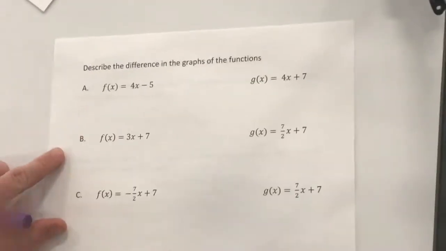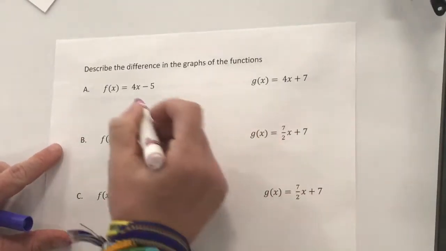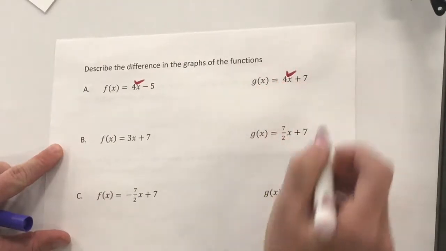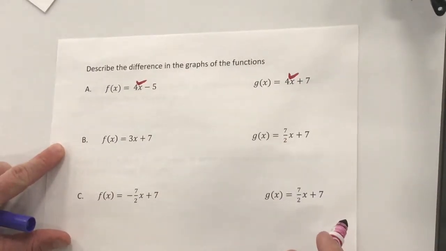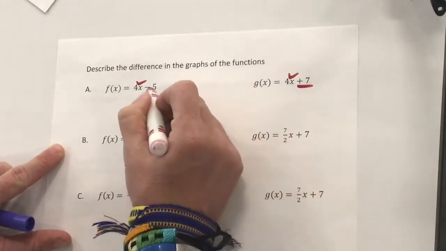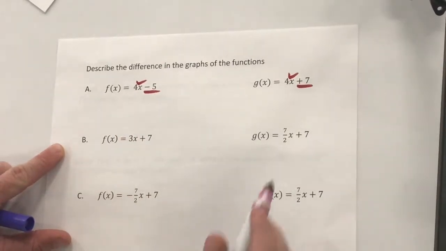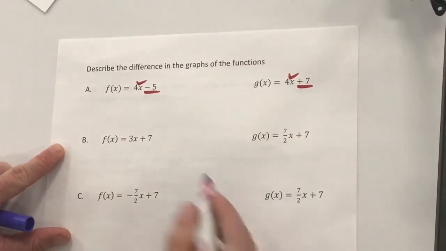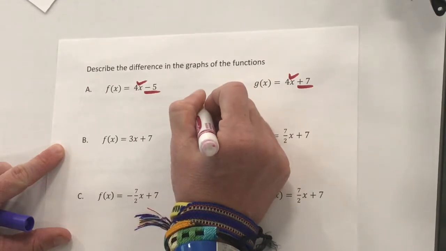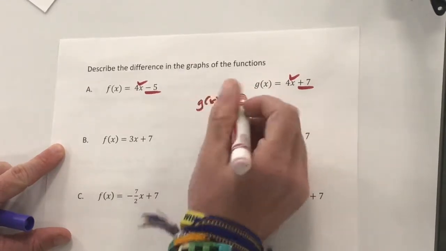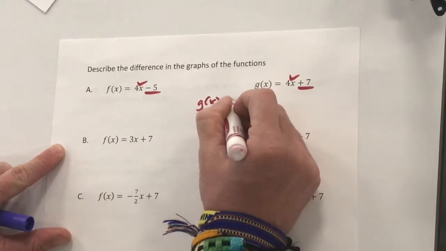Now, if we're going to describe the difference between these graphs, we have 4x and 4x, so the slopes are the same, 4. The difference here is that one y-intercept is -5 and one is 7. So we've taken the original function f of x, and now we have g of x.